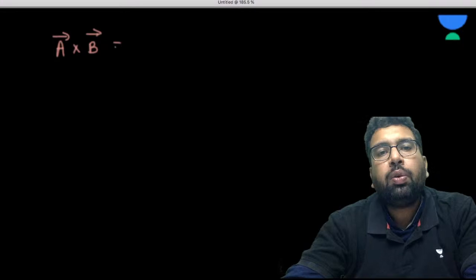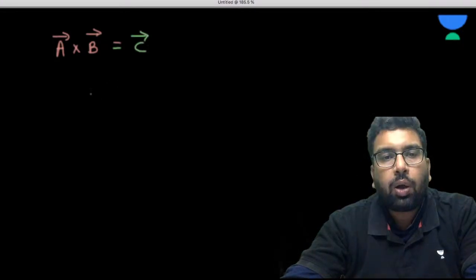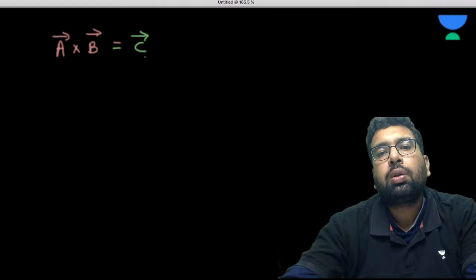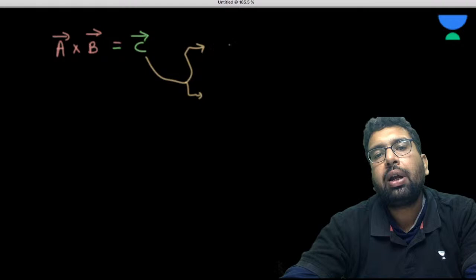Whenever you do the cross product of two vectors, you get a vector. Now for a vector, what do we require? We require both the magnitude and the direction.